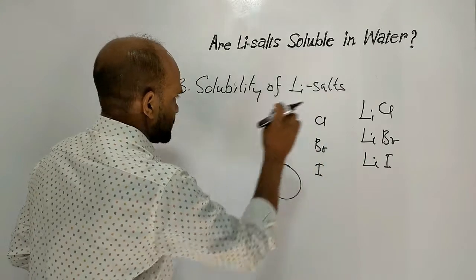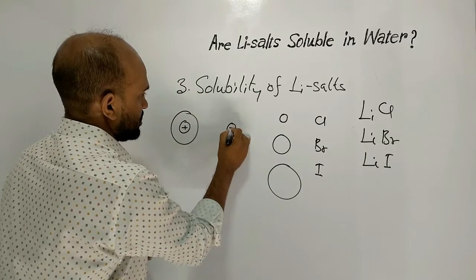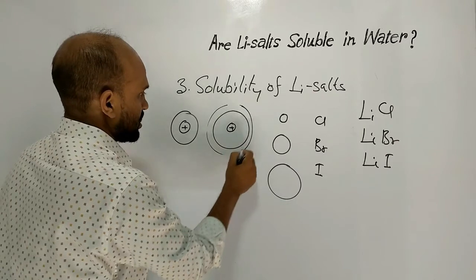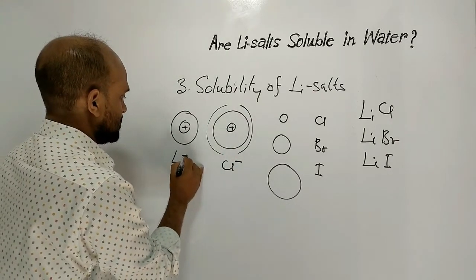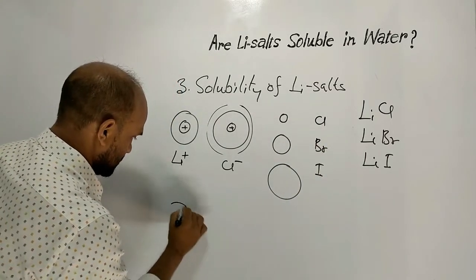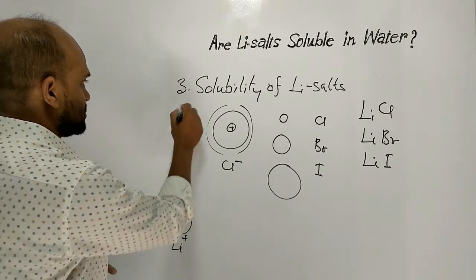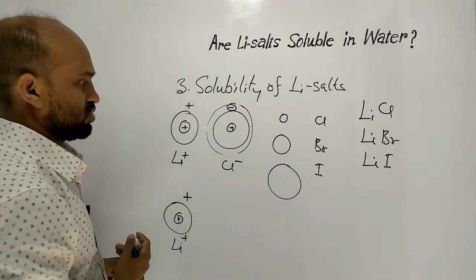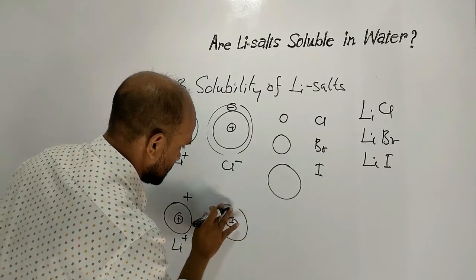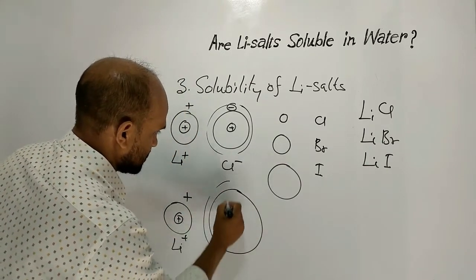Now let's see the first compound, lithium chloride, which is actually an ionic compound. This is the electron cloud, the chloride ion, this is the lithium ion. And lithium iodide, this is lithium plus, this is the electron cloud minus, and here this is the iodide ion. This is actually bigger in size, this is the electron cloud.